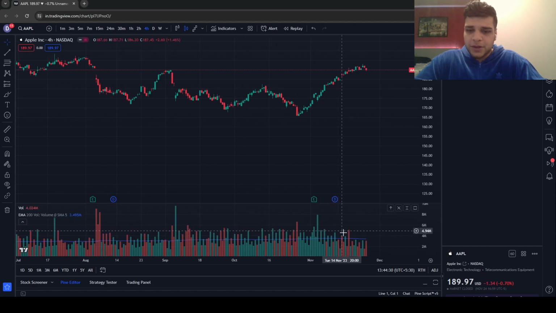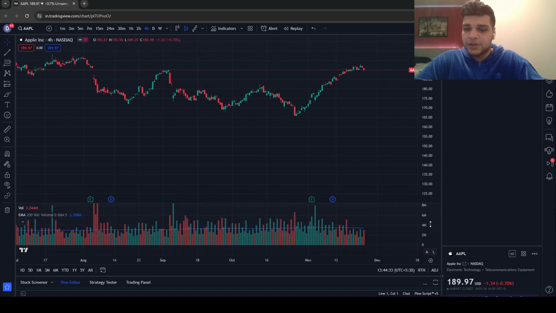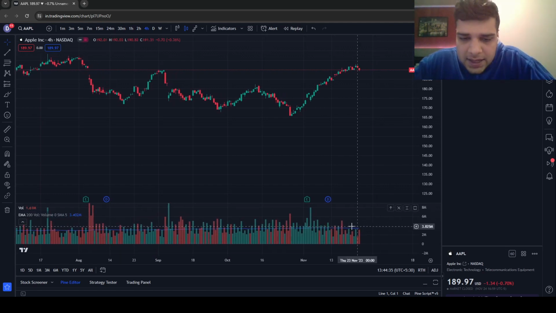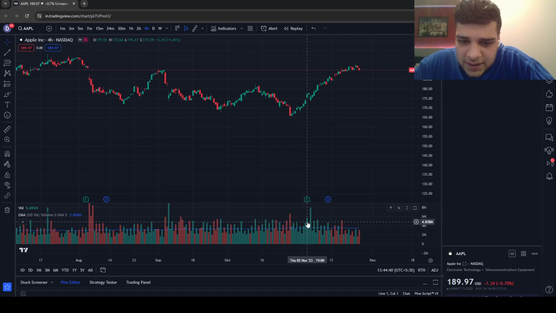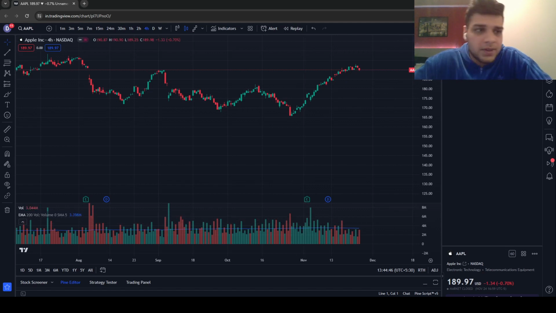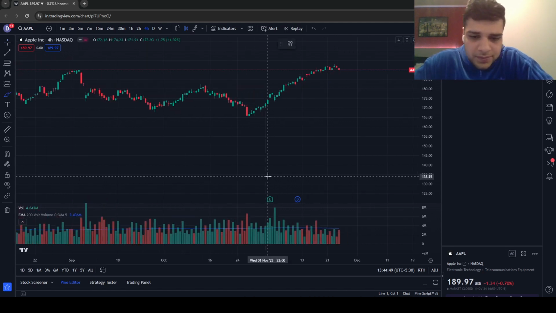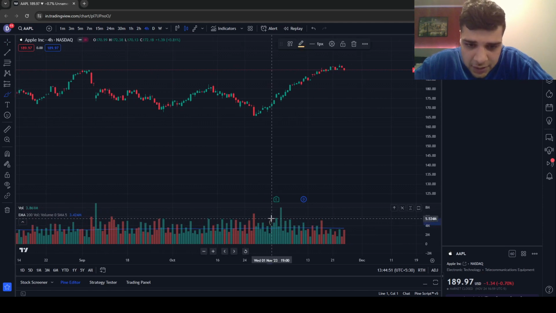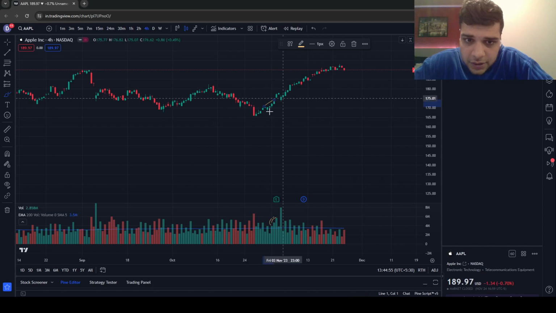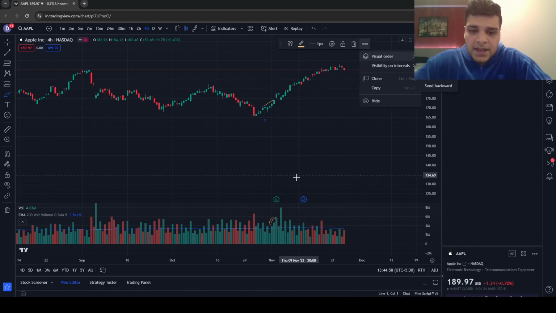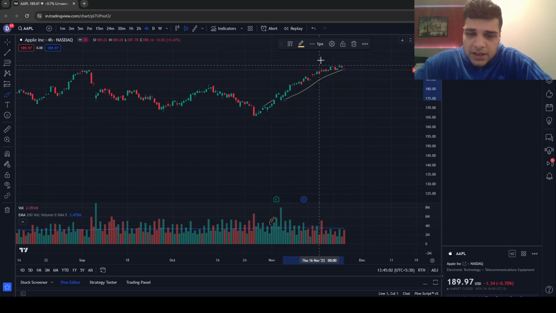What we're looking for really in this type of analysis with the 200 EMA is bars that are growing in size continuously on a single side, as we see here, price going up, volume also going up. Let me just draw this out for you, zoom in a bit here, volume going up, price going up, you can see that there. This results in, as you can see, continuing price action in the same direction.